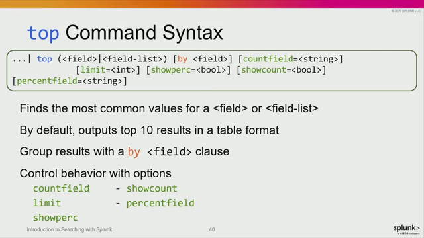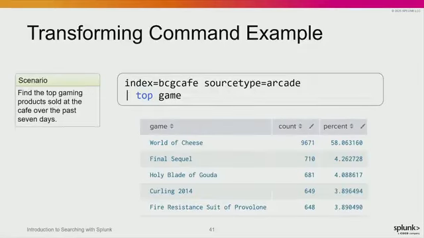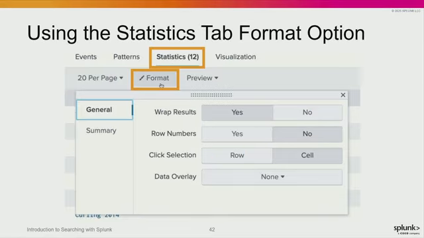Now, under the Statistics tab, I can also format my table. For example, if I have really long results, very long strings, I can wrap them. I can include row numbers. I can choose if I'm clicking on the row of my table, whether I'd like it to select just the cell I'm clicking or the entire row. And I can data overlay additional series as well.